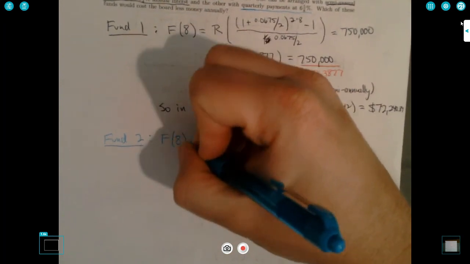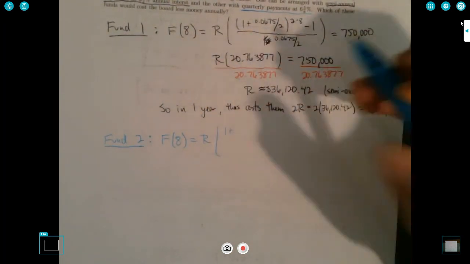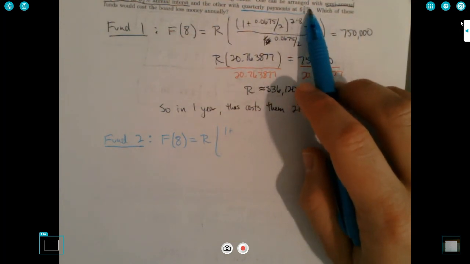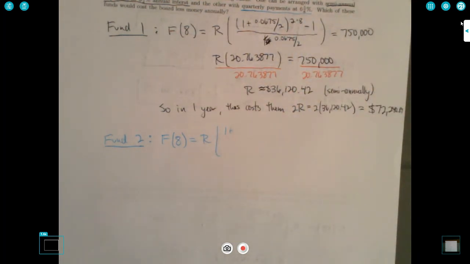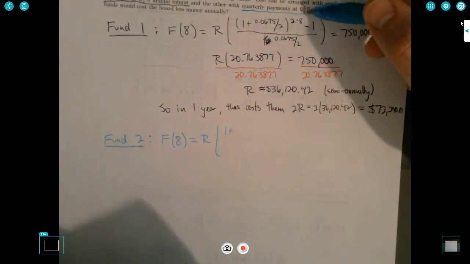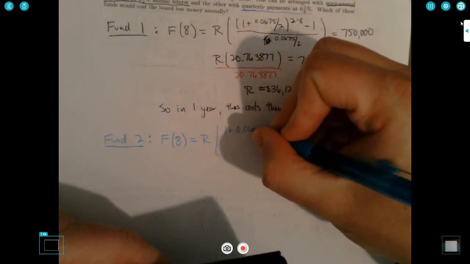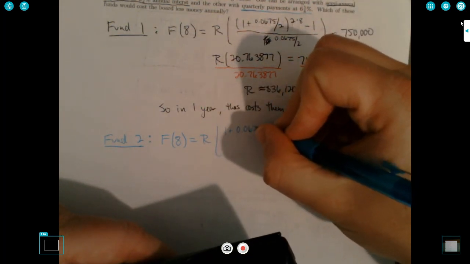For Fund 2, f of 8 is going to be R times 1 plus, so the interest rate here is 6 5/8%. So 5/8 is 0.625, so 6 5/8 would be 6.625. As a decimal, that would be 0.0625.